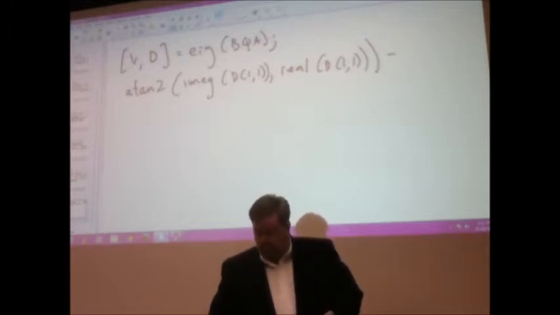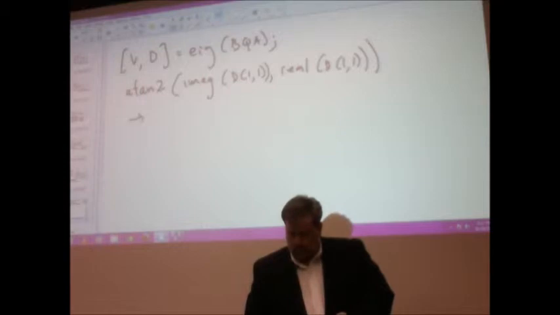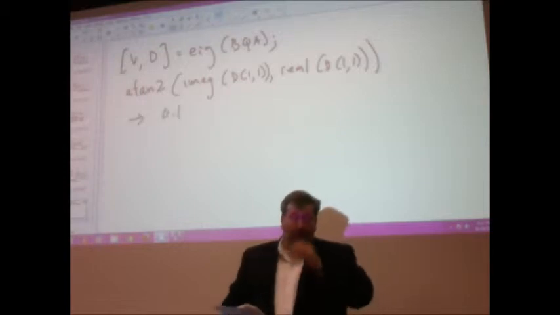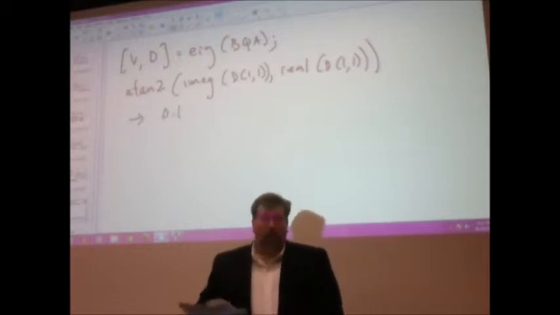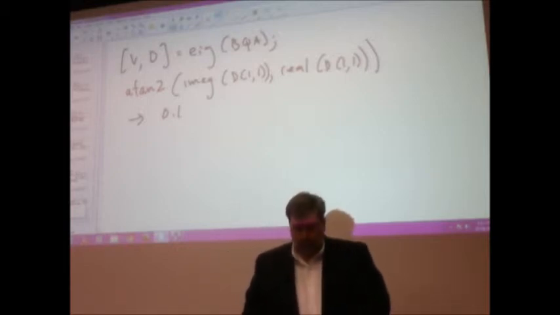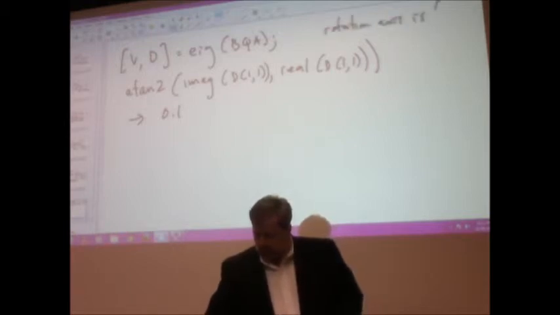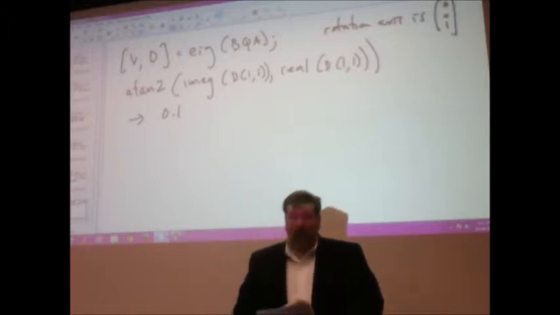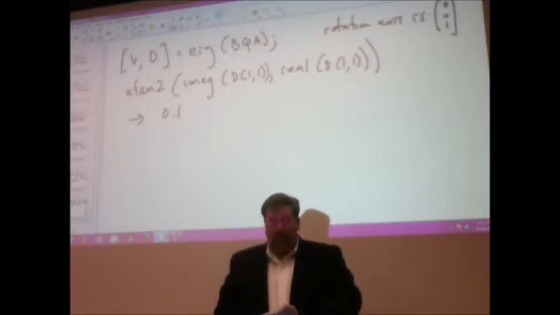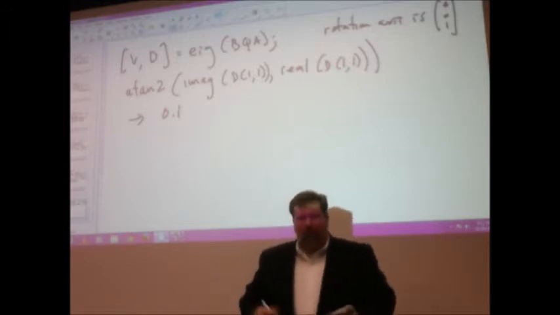Type that in, and that gives us 0.1. In other words, you can figure out the angular rotation from that complex conjugate pair if you want to. The rotation axis is 0, 0, 1. So try that out. That MATLAB code will get you an example of how to manipulate these things in a numerical environment. But that's a simple example.